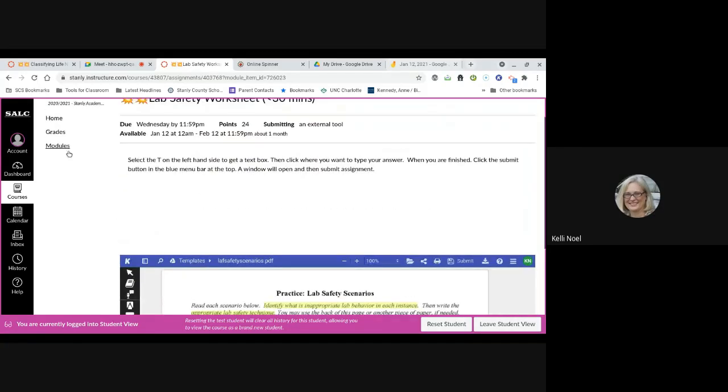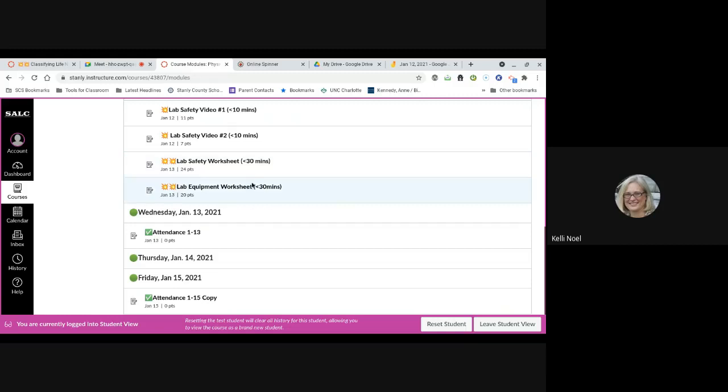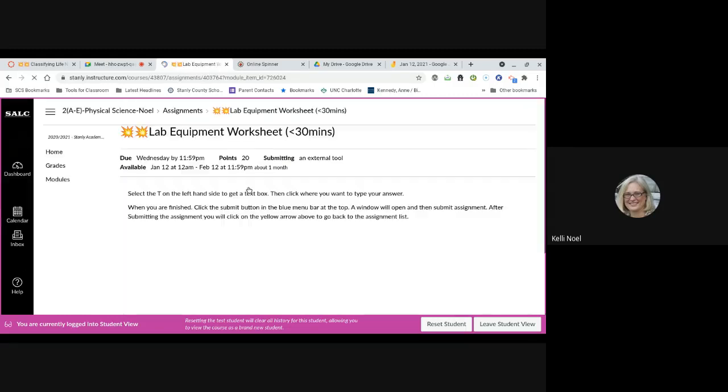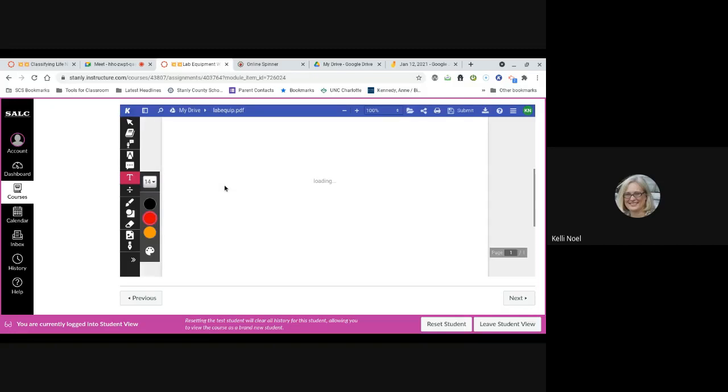And then the next item, so that goes over lab safety. And then the last item is equipment. So it's going to be using some of the equipment. So you may want to refer back to that PowerPoint that has some pictures on it.